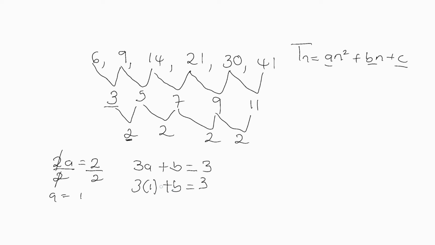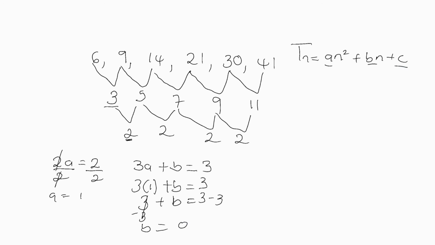Now let us solve for b. 3 times 1, that is 3, plus b is equal to 3. And now we have to make b the subject of the formula. We take 3 from both sides. This will cancel such that b is equal to 0.